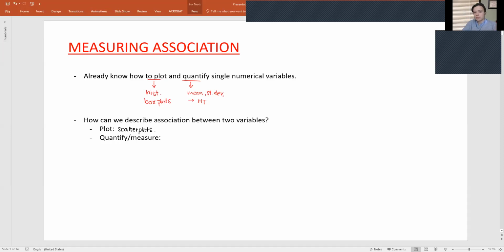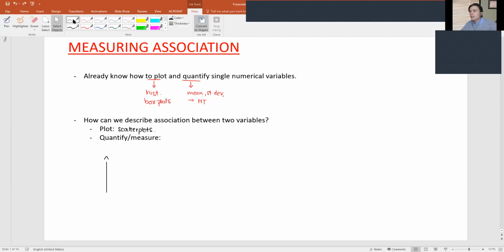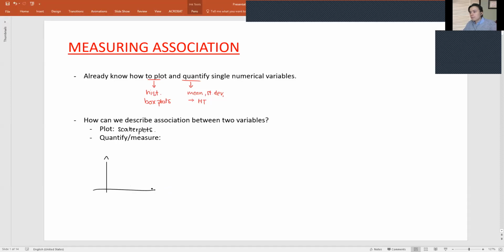Okay, very good. Lots of hands up. So a scatter plot is something that looks something like this, right?